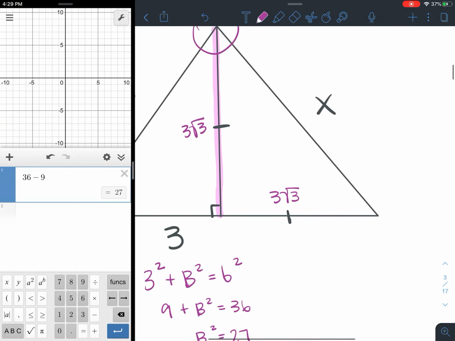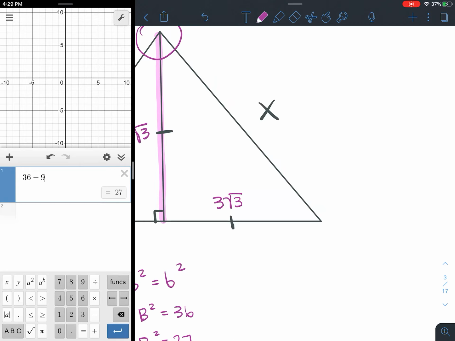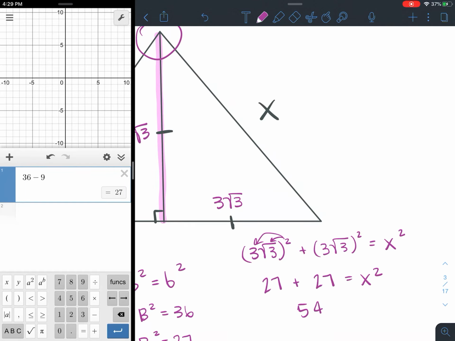And now I'm focused on this triangle on the right, so I'm going to scoot it over. Remember, put those two in parentheses. So 3 square root 3, quantity squared, plus 3 square root 3, quantity squared, is equal to x squared. This 2 distributes itself in, so this is going to be 9 times 3, which is 27. So I've got 54 is equal to x squared.